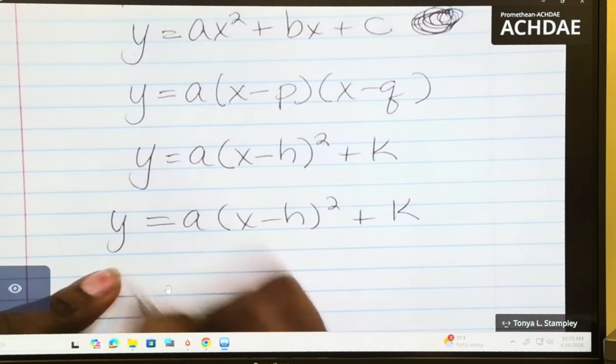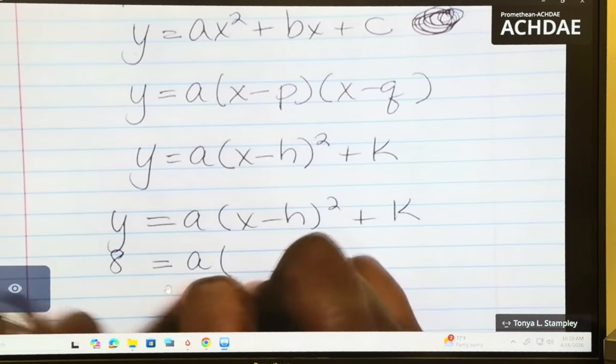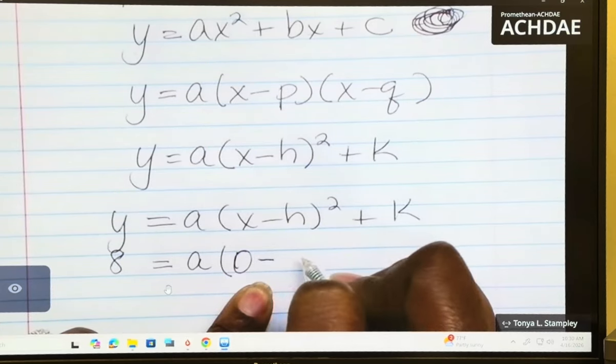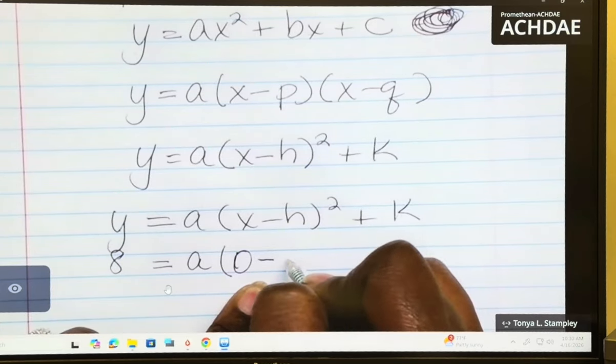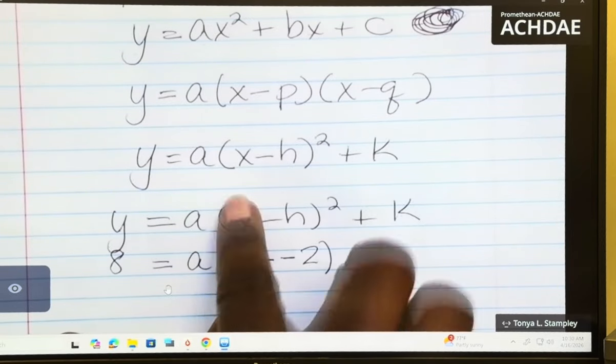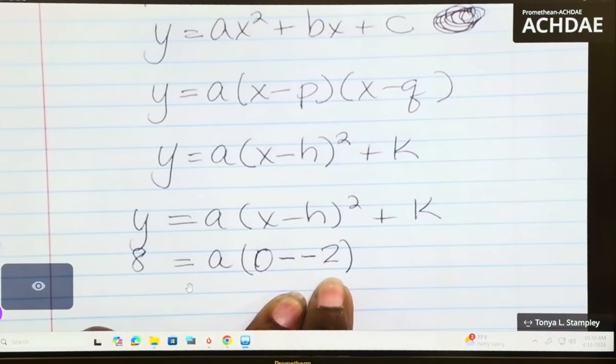So let's go. What am I putting in place of y? 8 equals a times (0 minus, no, minus what? -2. Wasn't it 2 negative? Yes. Okay, so this is 0 minus, and then the h is -2, right?